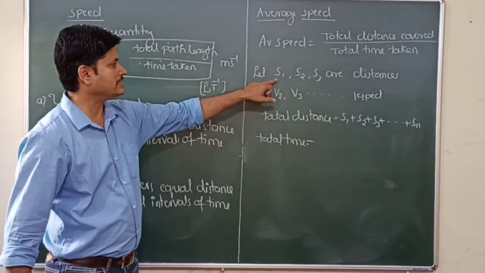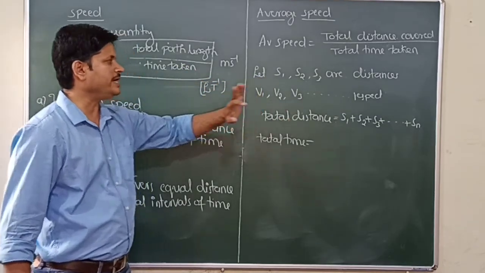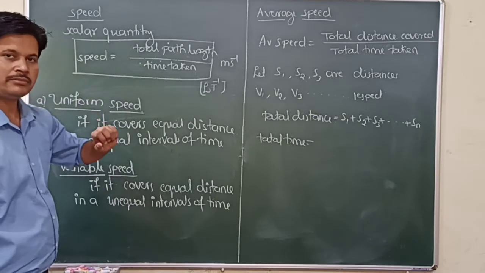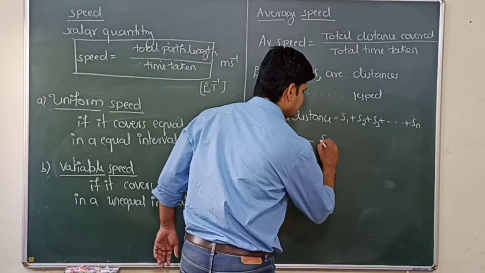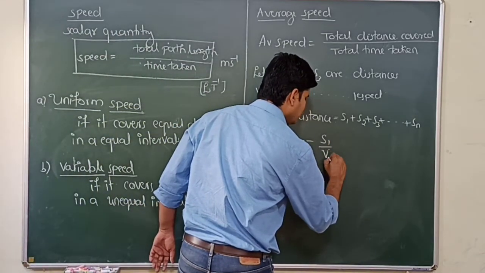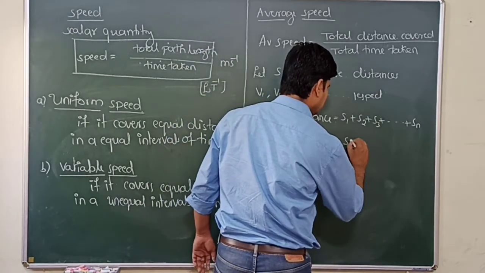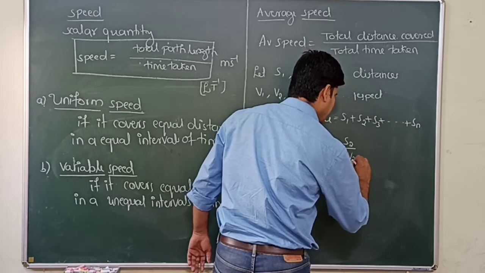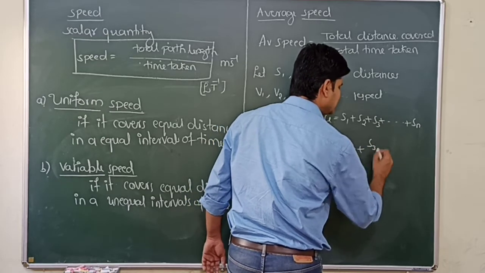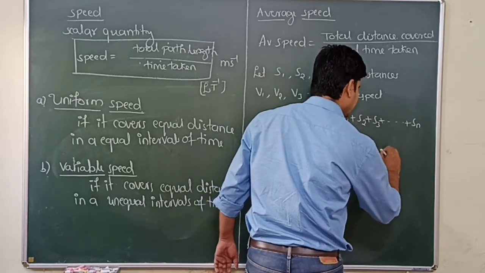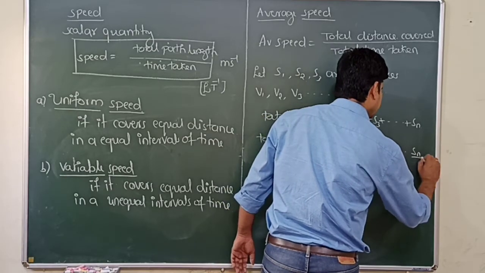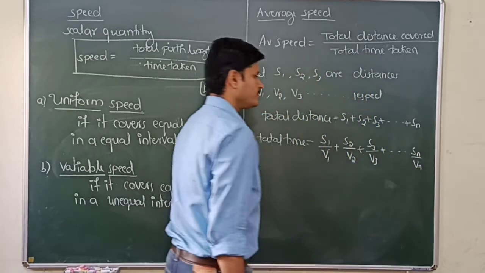Path length divided by speed gives the total time. Correct? That is S1 divided by V1 plus S2 divided by V2 plus S3 divided by V3 plus so on, Sn divided by Vn.